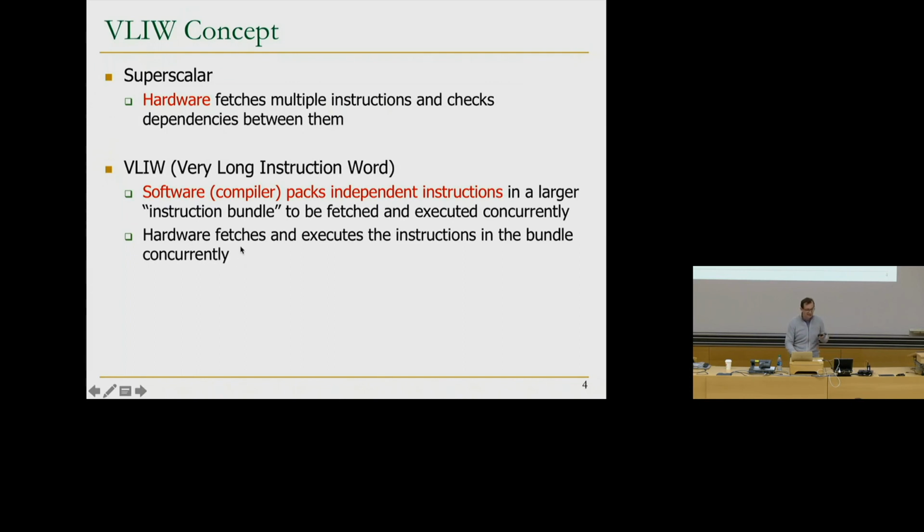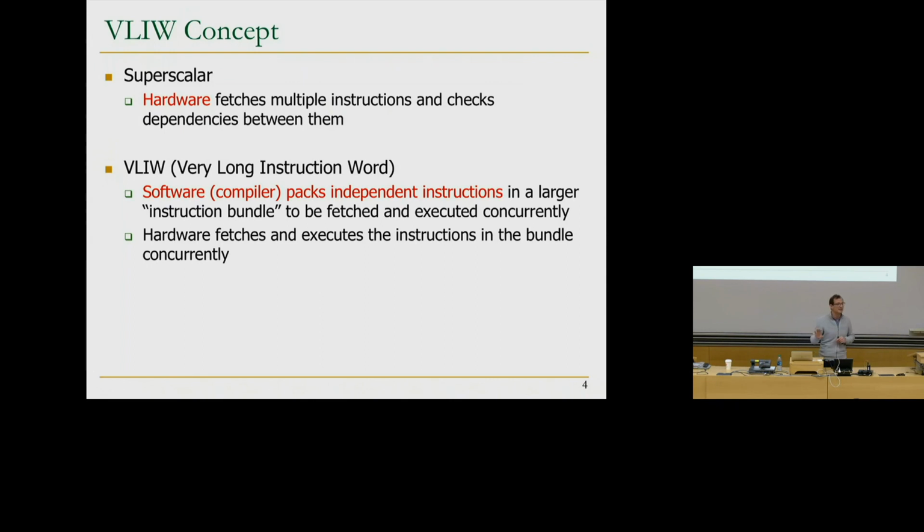So the hardware support is fetching and executing the instructions in the bundle concurrently. If the compiler guarantees that those instructions are independent, hardware doesn't need to do any dependence checking. In fact, VLIW in its pure form is all about finding independent instructions and scheduling them such that the hardware doesn't need to have dependency checking or stall checking hardware at all.